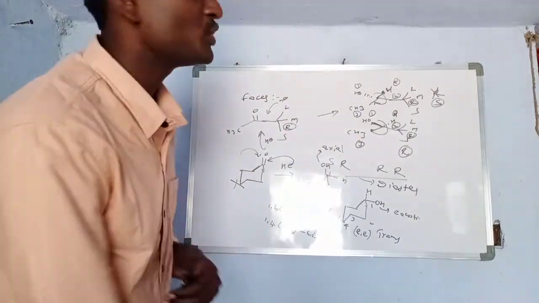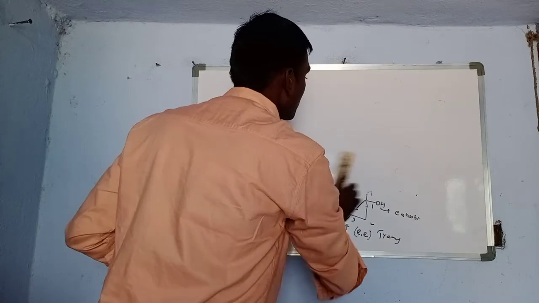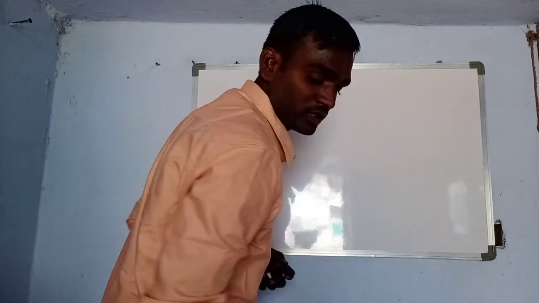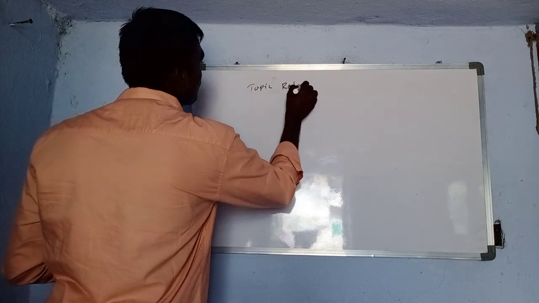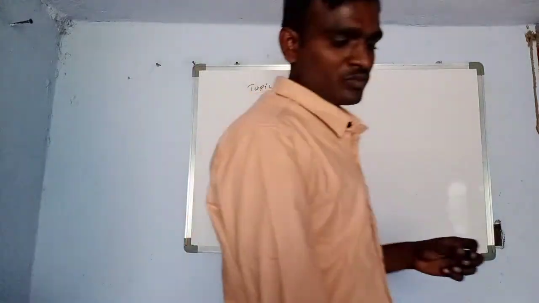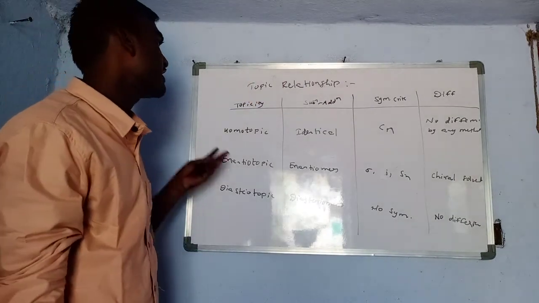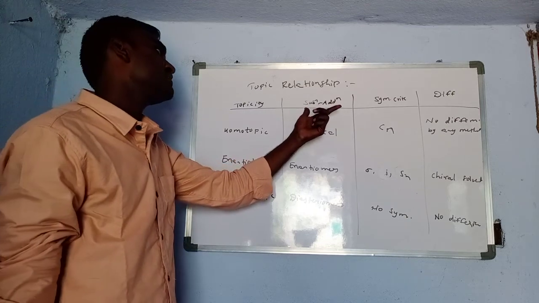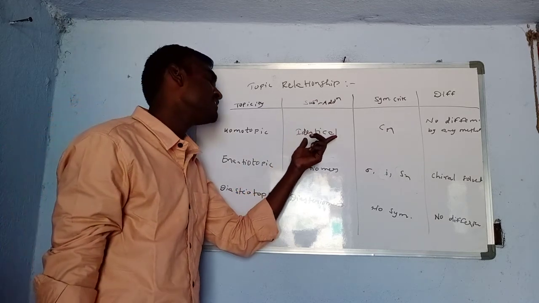Let's take one simple box, where we can easily identify what is enantiotopic, what is diastereotopic, and what is homotopic, that is the topic relationship. Whenever homotopic ligands are there and we apply the substitution or addition criteria, identical products are produced.